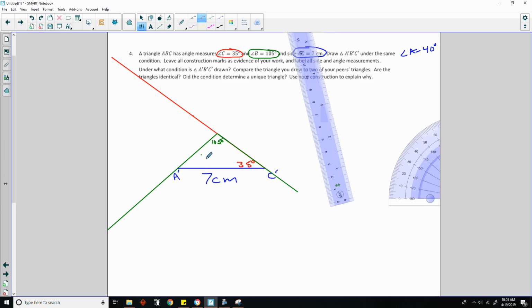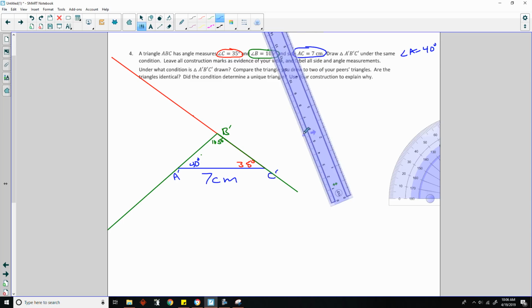Okay, and now I know angle C is 35. Angle B, which is right here, B prime, I want it in green. B prime is 105 degrees, and angle A prime was 40 degrees. So that's 40, that's 35, and that is obtuse, 105, greater than 90.